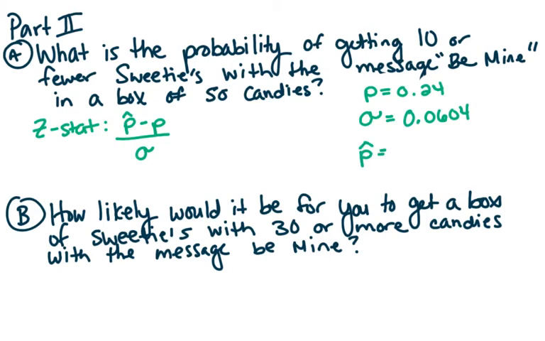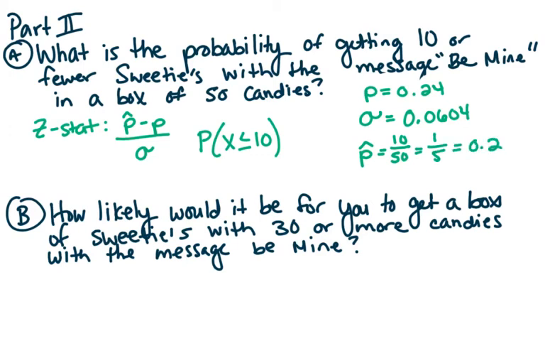And then our p hat is what we're looking for. So we're looking for the probability of getting less than or equal to 10 out of the 50 candies. So my proportion is 10 over 50, or 0.2.